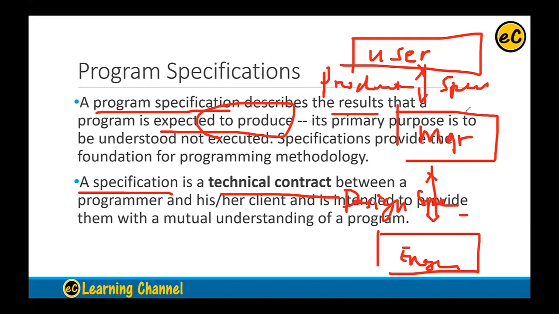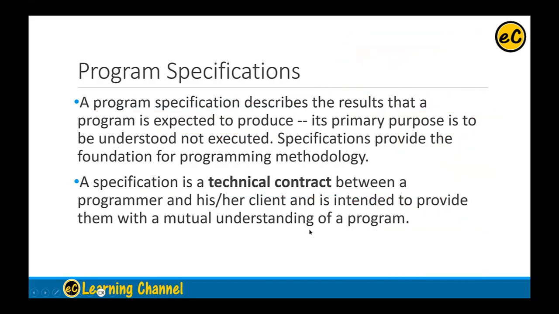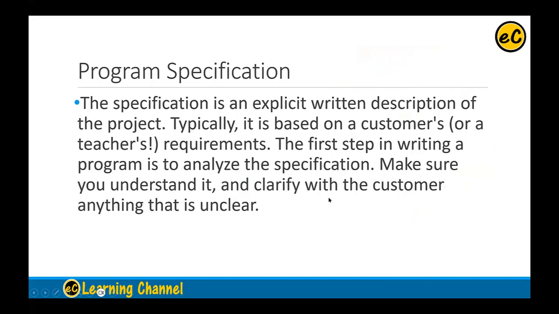While the design spec means that, okay, this is a piece of software that you agreed on with the customer. So the engineer will implement it one by one, and which one should be designed in which way, that is the design spec. So these two specs are slightly different, but they both work as a contract between the client side and the engineer side.